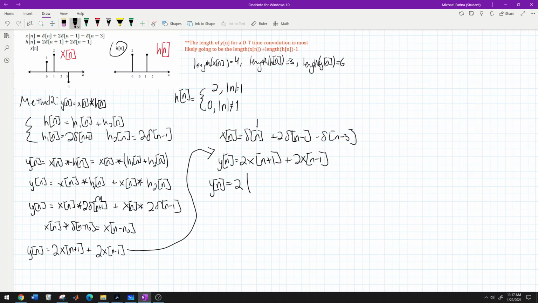We take this n and make it an n plus 1, and we'll have delta n plus 1 plus 2 delta n plus 1 minus 1 minus delta n plus 1 minus 3.